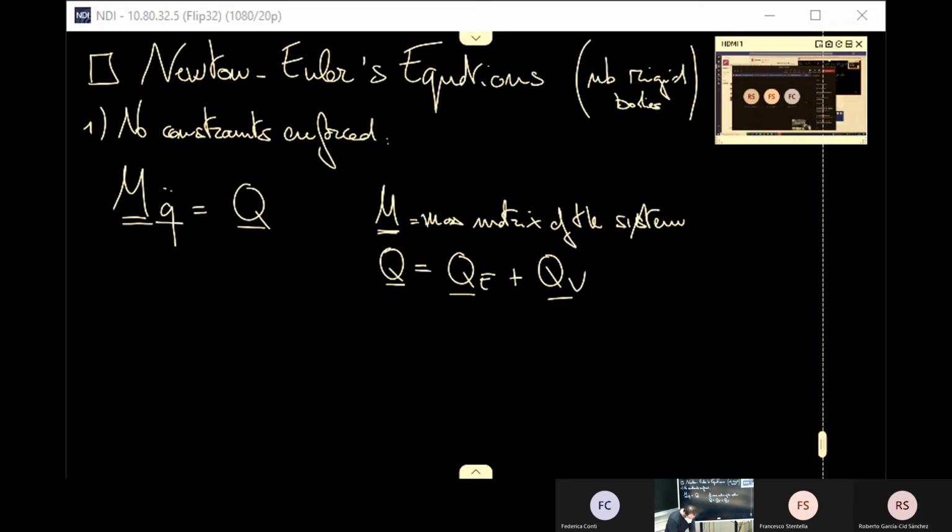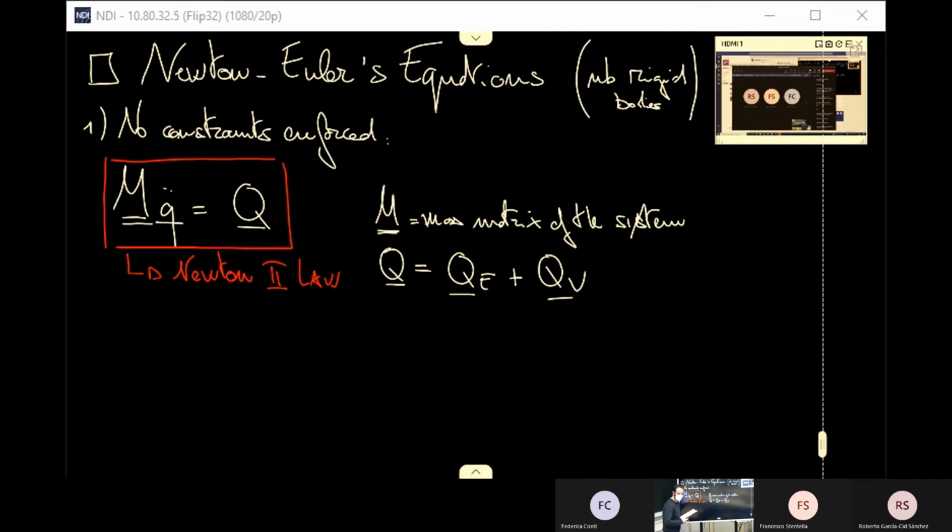So this is a very basic case, and in fact, you can somehow look at this equation and see basically a very similar formulation to that of the Newton's second law of dynamics.